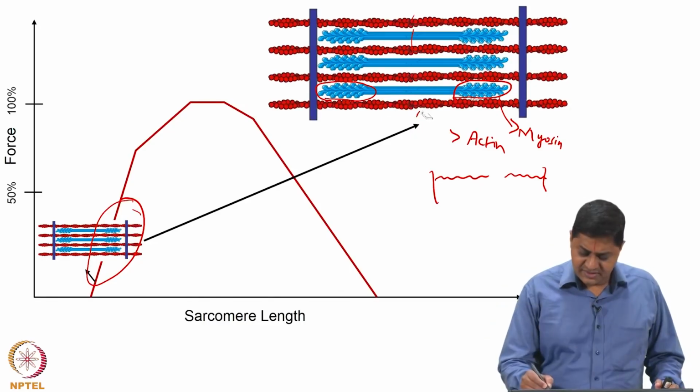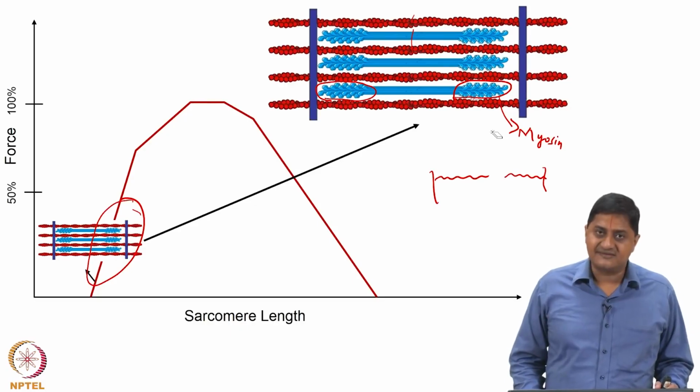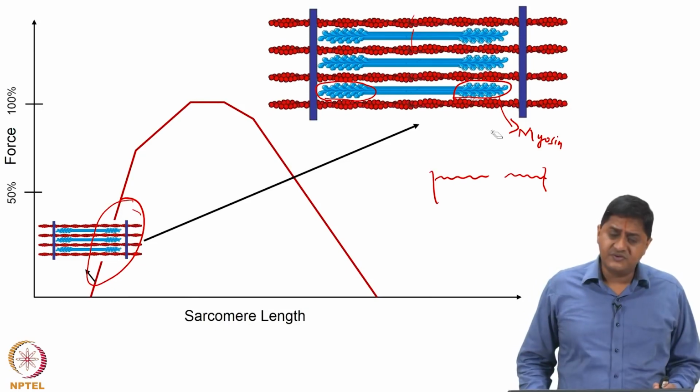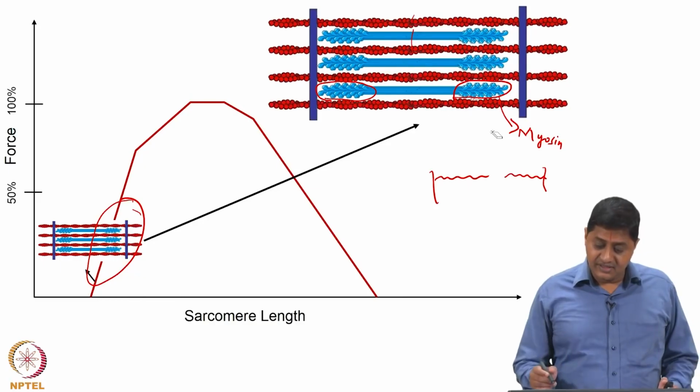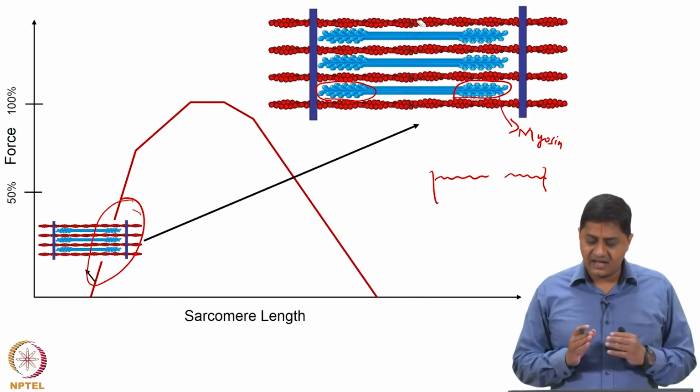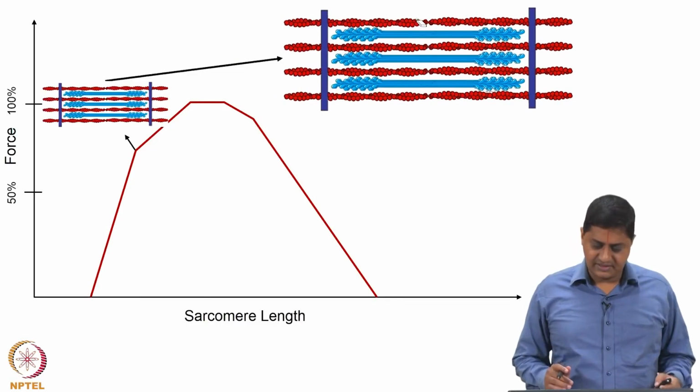This causes a situation in which the myosin cannot bind with the maximum number of actin sites, right. So, this reduces the force that can be produced. Now, if the sarcomere length increases, you would expect the actin filaments to move farther away from each other, right, like that.